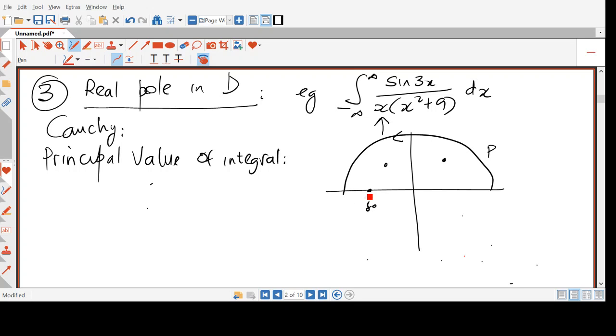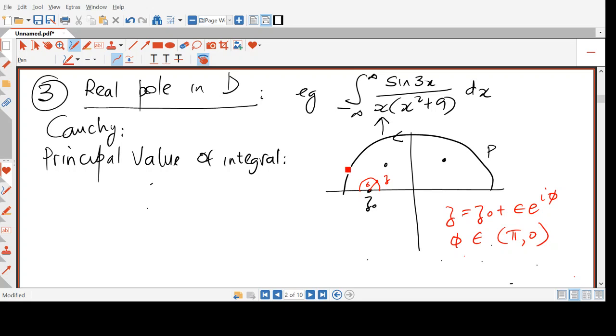And the contour now, you perform the following. What you do is you surround z0 by a semicircle of radius epsilon. So if you take any point on the semicircle, z, it will be z0 plus epsilon e to the I phi, where phi is the angle. And the angle will be measured from pi down to 0.